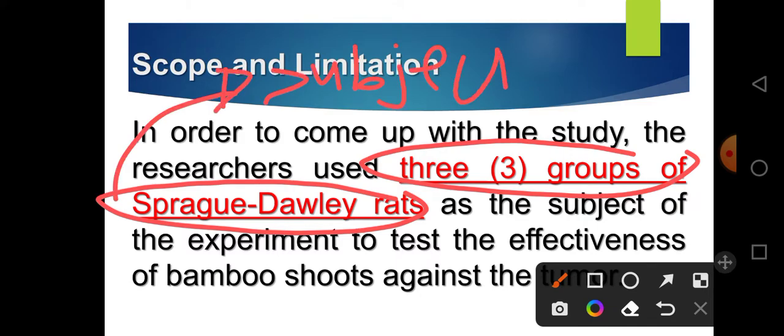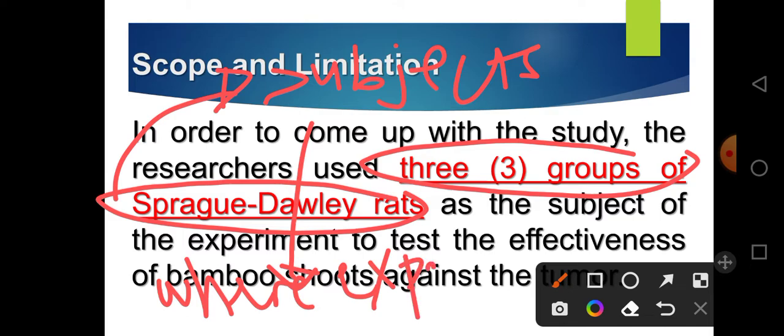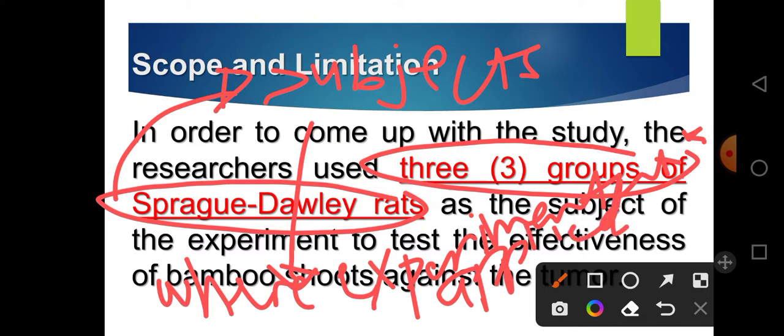The subject of your study is where you will apply your treatment, the subject to which you would apply your experimentation.